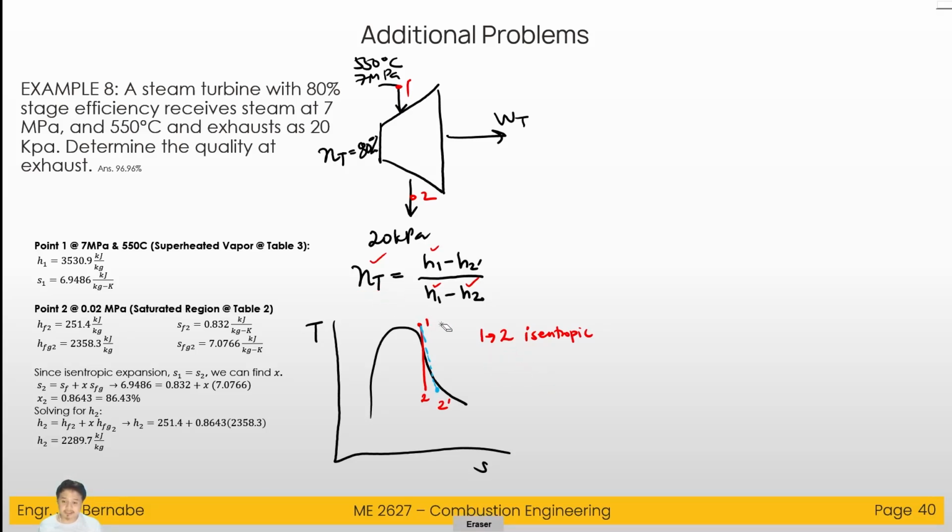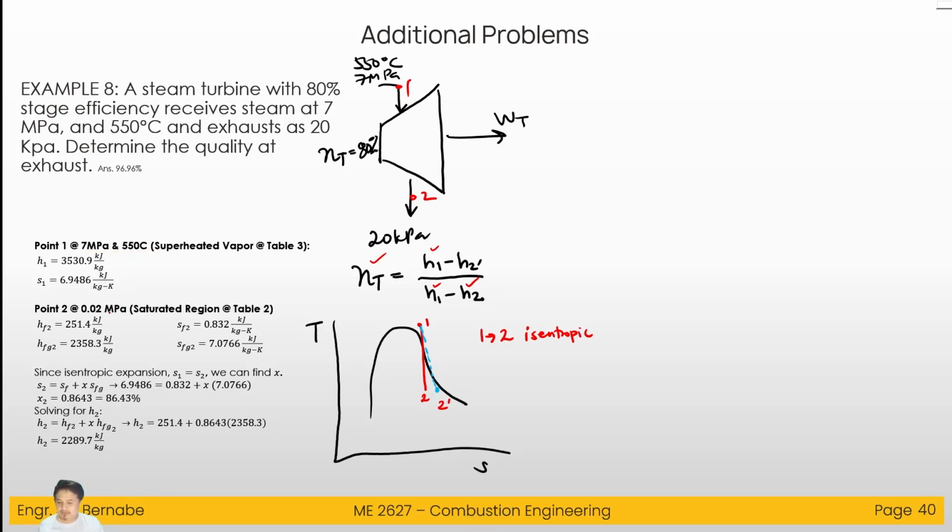But we can find this using the stage efficiency. In trying to solve h2 prime, we need to find h2 first. h1 can be found using the table.